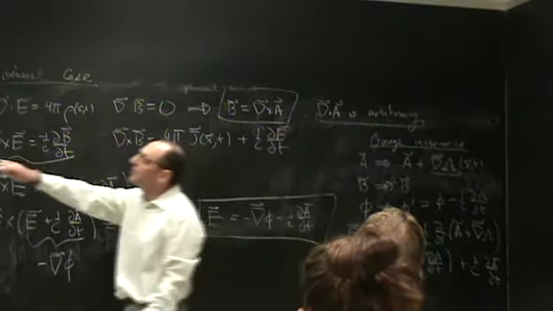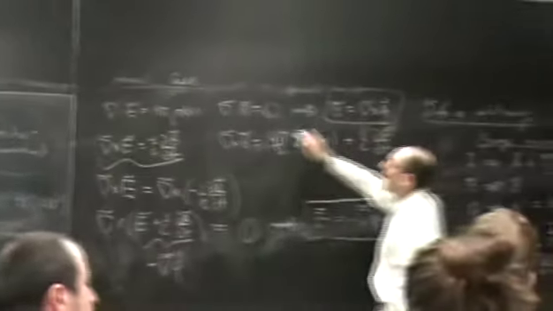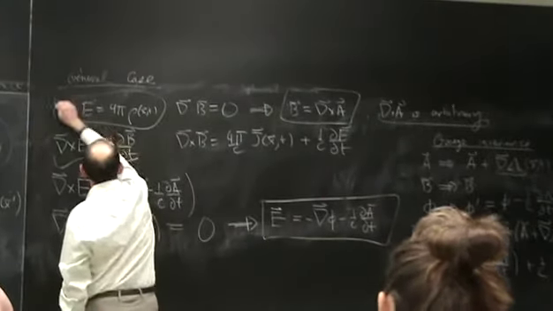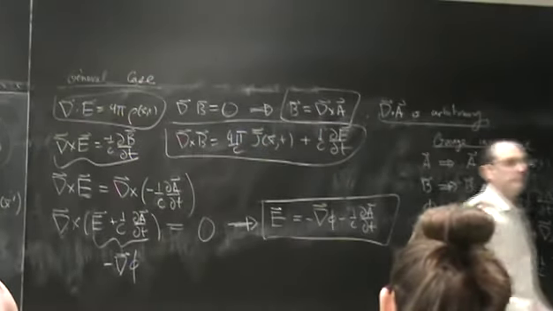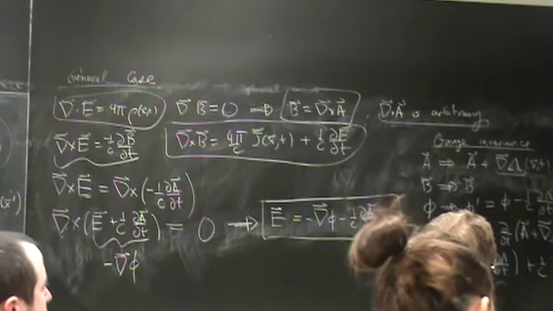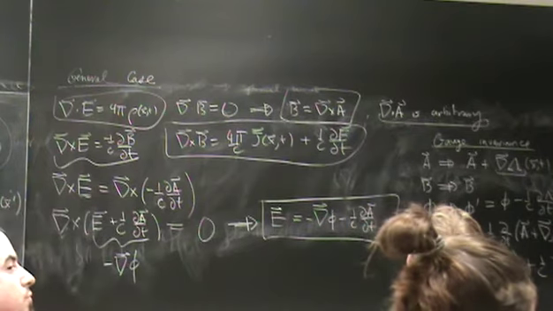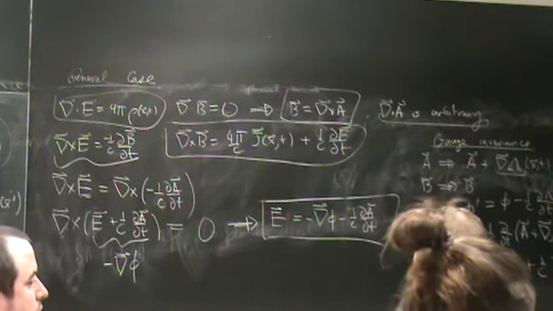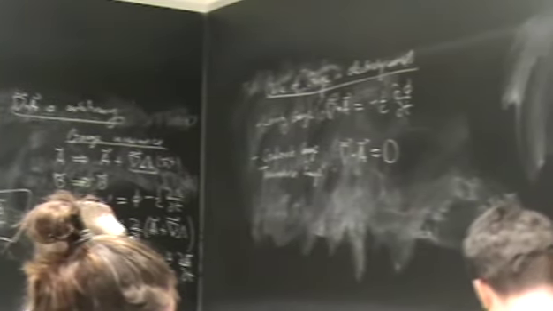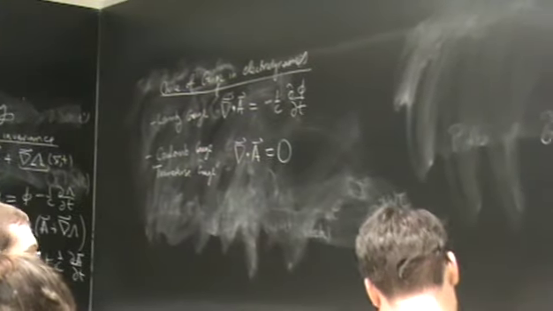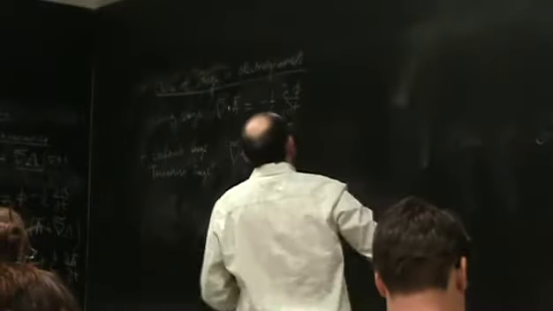So in the same way that we did in the static case, we now plug these equations back into the Maxwell equations that involve sources, Gauss's law and the modified Ampere's law. So let's do that.